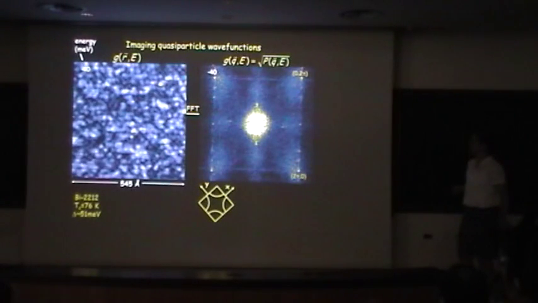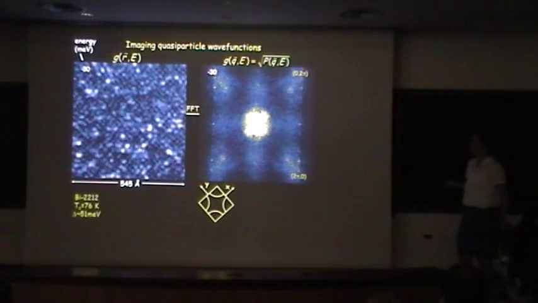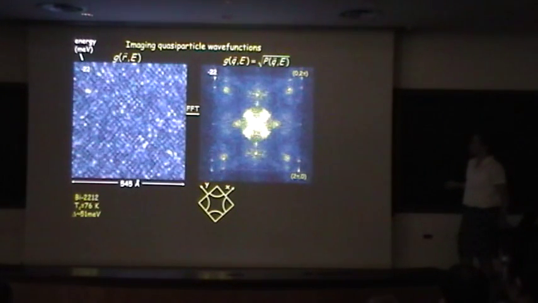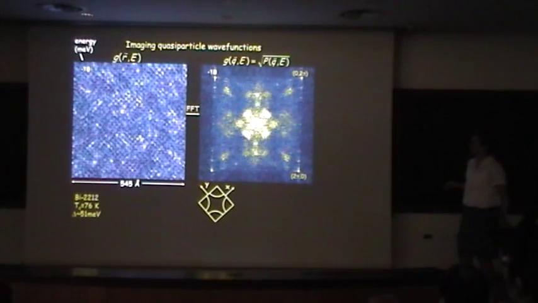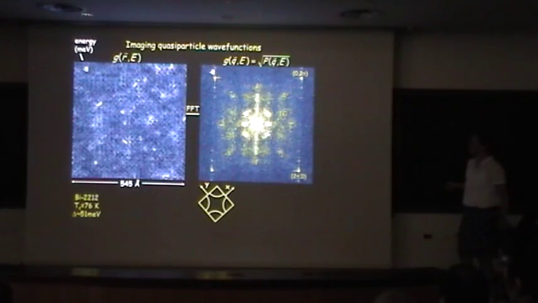And if we look at the data, here's the real space density of states, and here's the Fourier transform. In real space, you can see patterns, but it's hard to pick out multiple patterns simultaneously with your eye. When you Fourier transform, you see the peaks separate, and you can watch each of these Q vectors evolve as a function of energy.